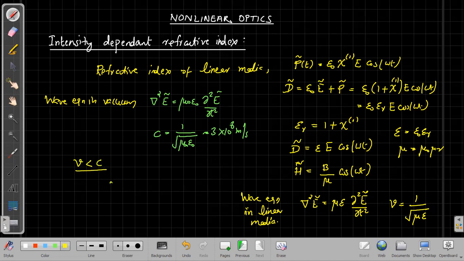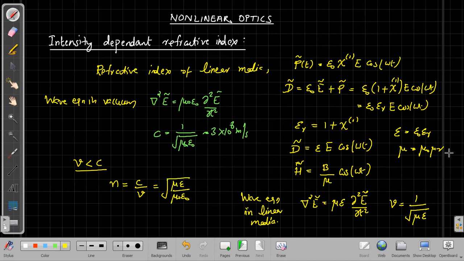Hence we can define the refractive index. The refractive index is defined as C by V, which becomes square root of mu epsilon divided by mu 0 epsilon 0.